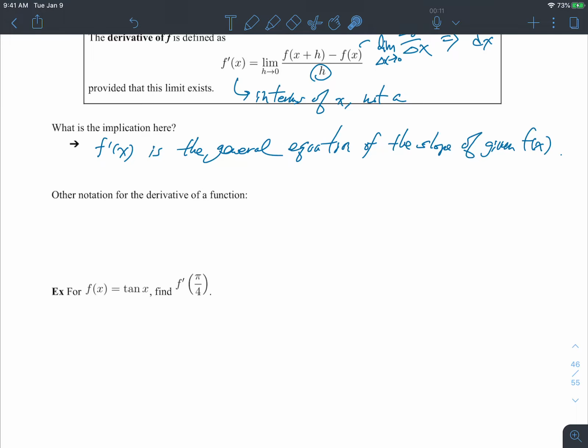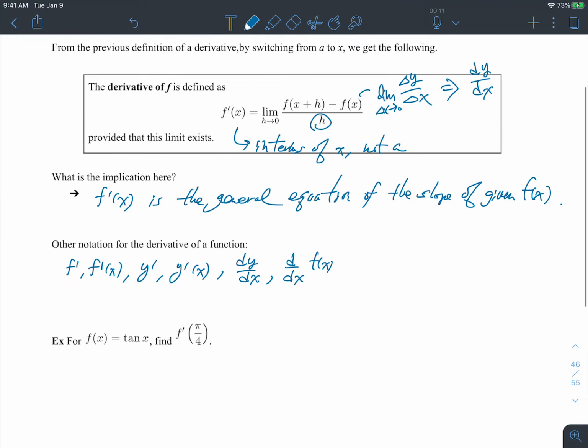So the other notations that we have are basically f prime of x, y prime of x. We've got Leibniz's dy dx, d dx, because y could also be written as f of x, right? Perhaps I should pull this down a bit. Okay, there you go. And then you could just go df dx, because sometimes we don't write f of x, we just write f, right?